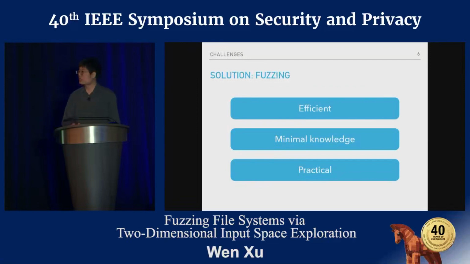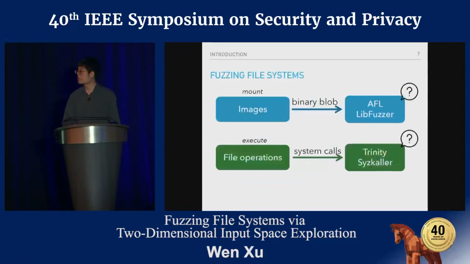That's why we choose fuzzing, because fuzzing is efficient, it doesn't require much background knowledge about the target, and it's also proven to be practical. However, is it easy to fuzz file systems by directly applying existing fuzzing techniques? The answer is no. First, we can fuzz the images to be mounted, and there are already a lot of fuzzers like AFL or libFuzzer, which can fuzz binary blobs efficiently.